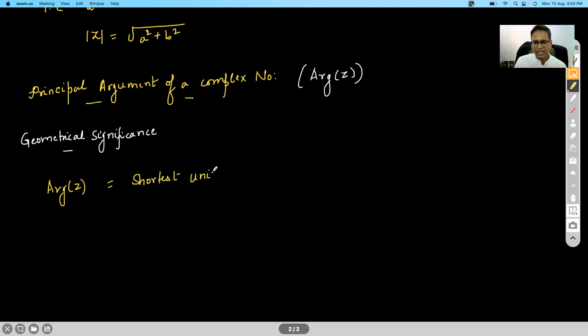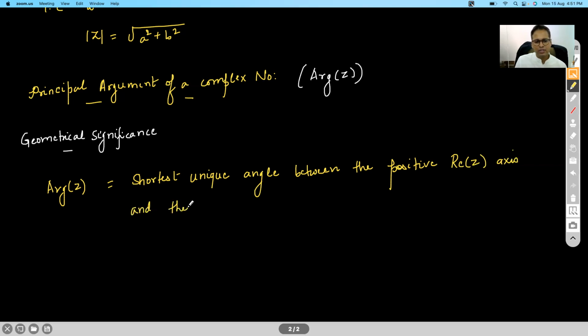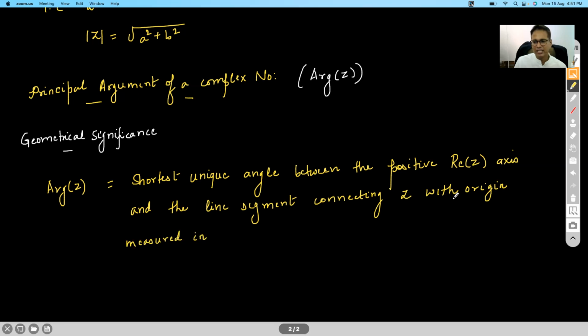It's the shortest unique angle between the positive real z axis, or let me write it in short form, REZ, and the line segment connecting Z with origin, measured from the positive real z axis.